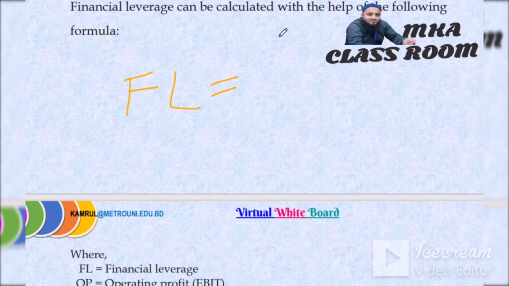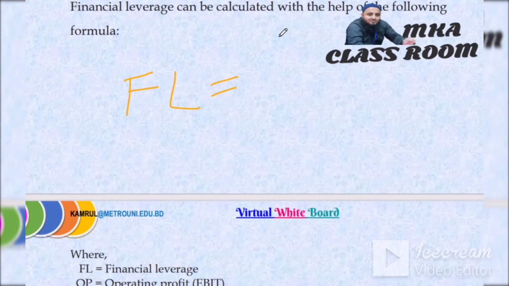Okay. Degree of financial leverage. Degree of financial leverage may be defined as the percentage change in taxable profit as a result of a percentage change in earnings before interest and taxes.